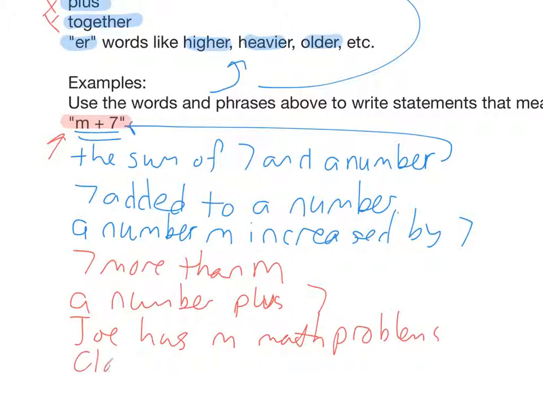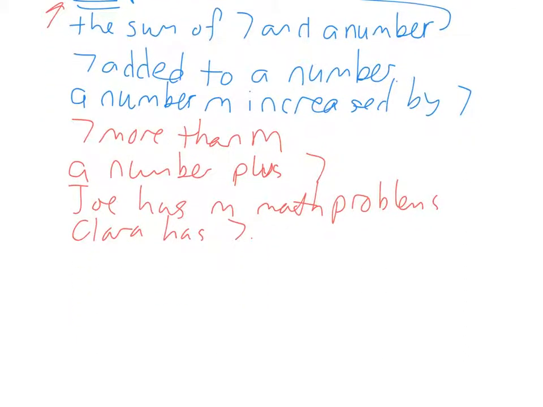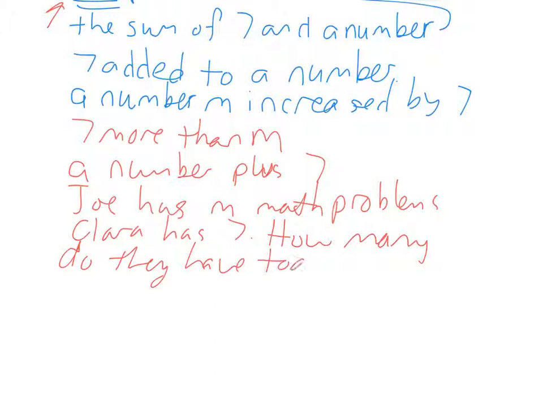Clara has 7. How many do they have together? So the word together means that you need to add. How many do they have together? It's a good thing I'm saying it out loud because you'd never be able to read my writing.